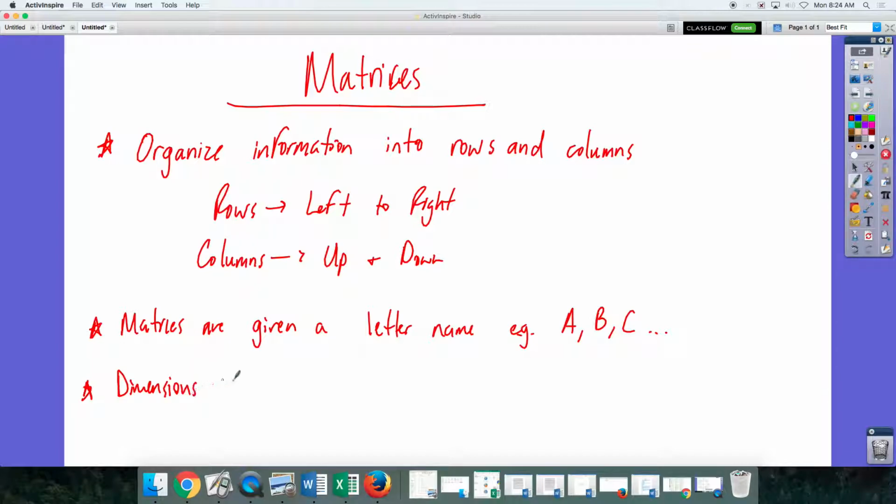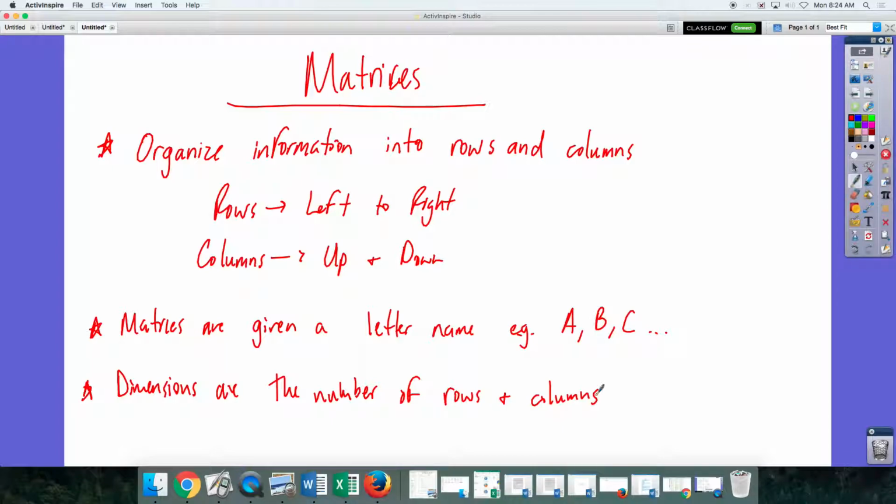Dimensions are the number of rows and columns, in that order. You will never have a matrix that goes column by row. It's always row by column.